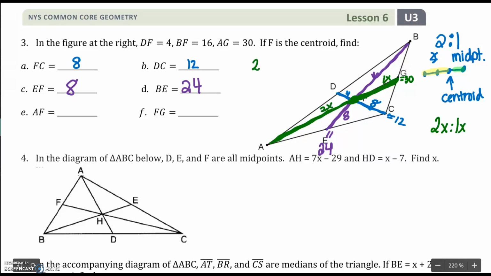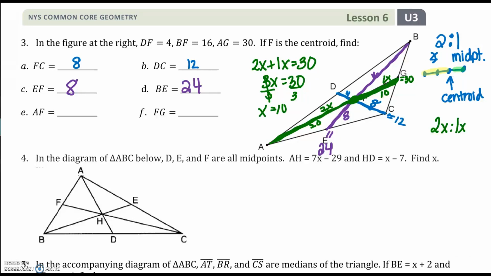And together, those would have to add up to equal the entire median of 30. So what we're really just doing here is dividing that median into 3 pieces. So the smaller portion would be 10, and then the larger portion would be 20, because it's 2 times x. And so AF would be 20, and FG would be 10.